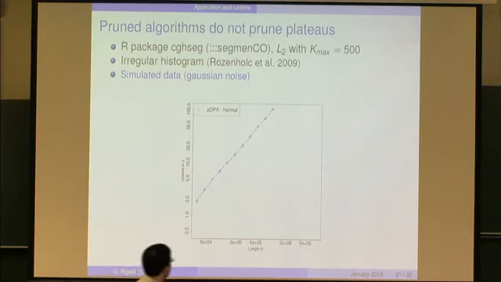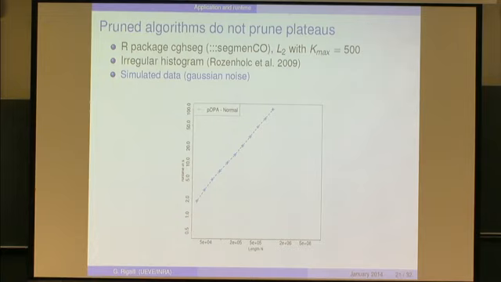And now the last question that I want to answer is to empirically show that essentially pruned algorithms do not catch that you should not put breakpoints in those regions. And for this, I did a simple experiment with a pruned DP, but it's essentially the same story with PELT. But in that case, we are looking at data where the number of change points is very small, so PELT is not the ideal algorithm in that case.